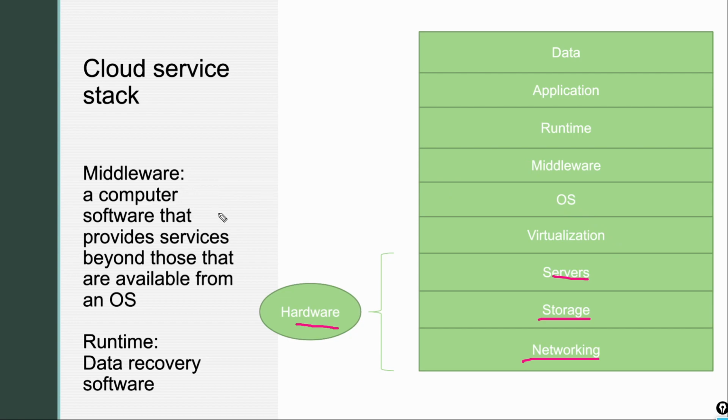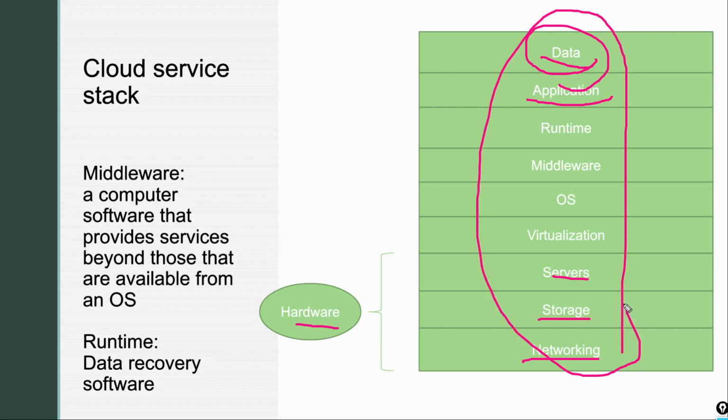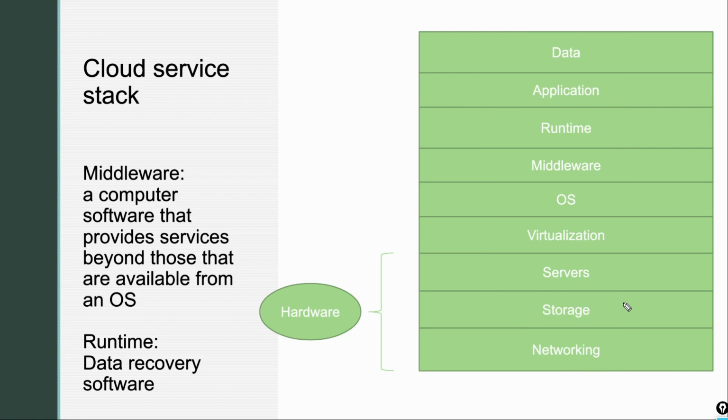A computer software that provides services beyond those that are available from an OS. Something like RabbitMQ, for example. These are those softwares. And also we have runtime. We also have data and applications. But this is the service stack, all of it, of the cloud.